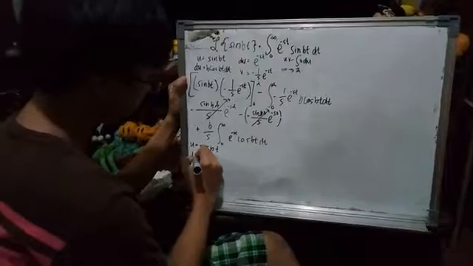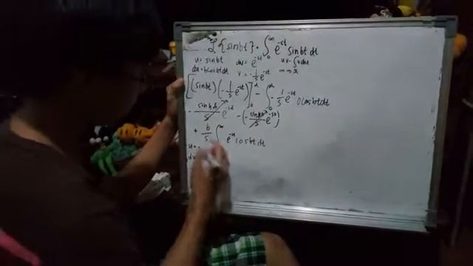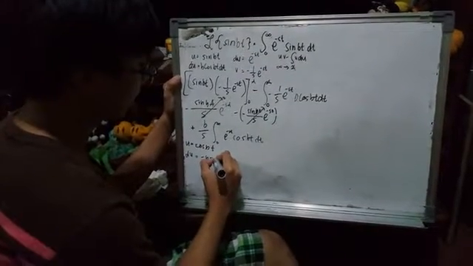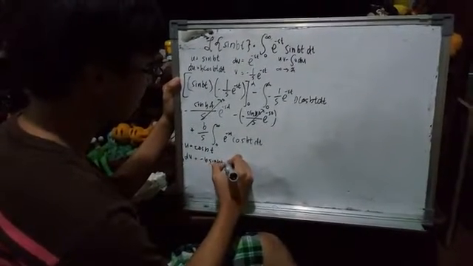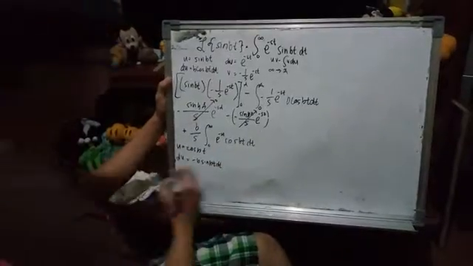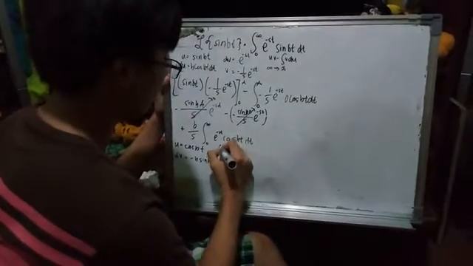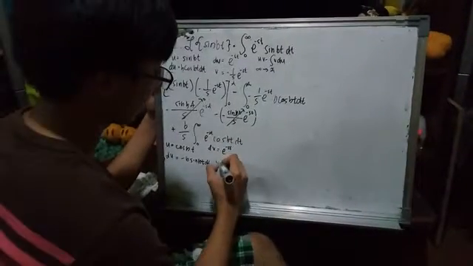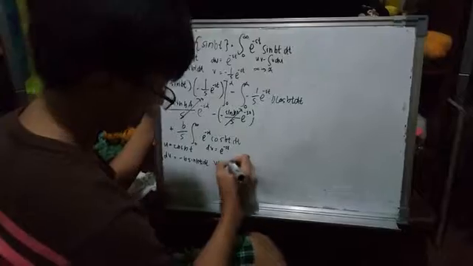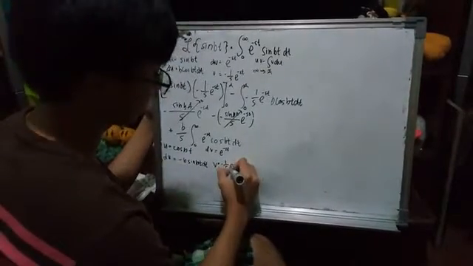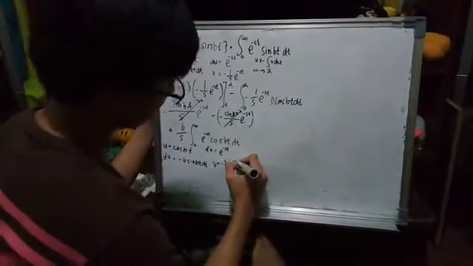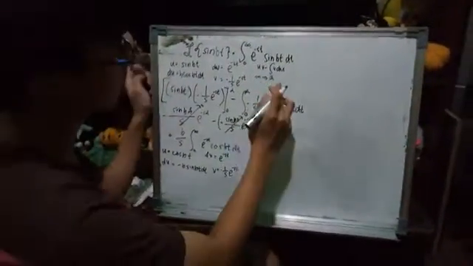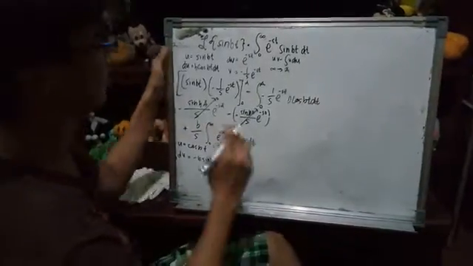Our du, which is the derivative of cosine bt, is equal to negative b sine bt dt, and our dv is equal to e raised to negative st, and our v is equal to negative 1 over s times e raised to negative st. So we will use the integration by parts again.